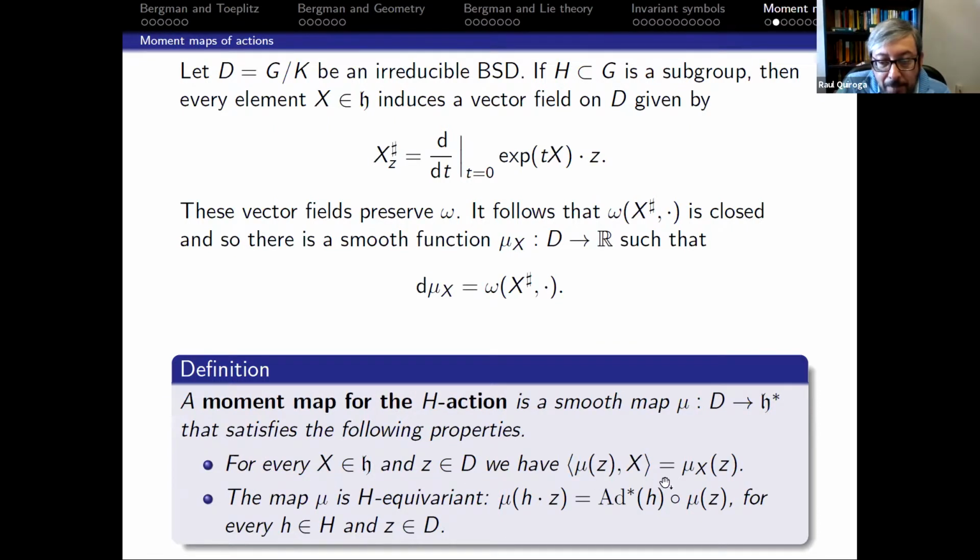The first one is the way to capture all these mu X. Mu of z lies in the dual space, so you can evaluate on a vector in the Lie algebra of H. When you evaluate, you get this symbol mu X. And another maybe technical condition which is required for this to work reasonably is equivariance. This is the dual of the adjoint representation. It's not always trivial, but for abelian groups, this is trivial and you get invariance.